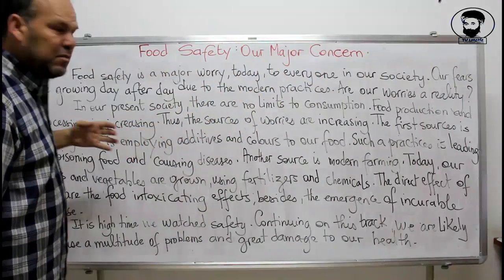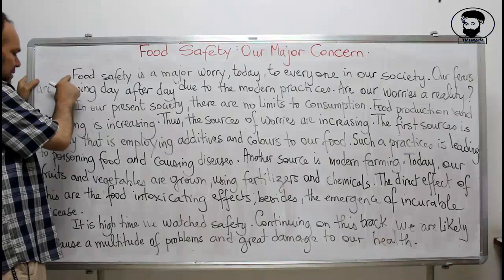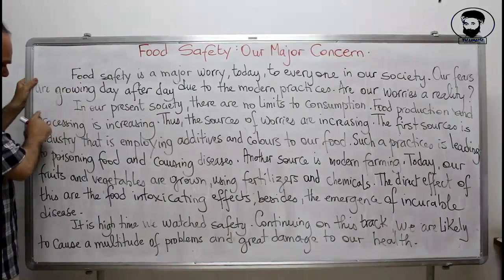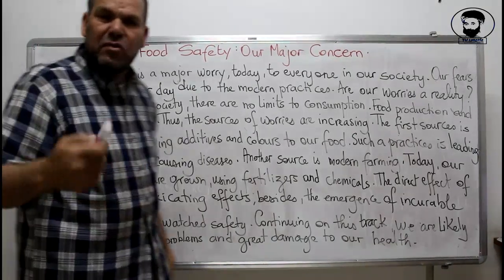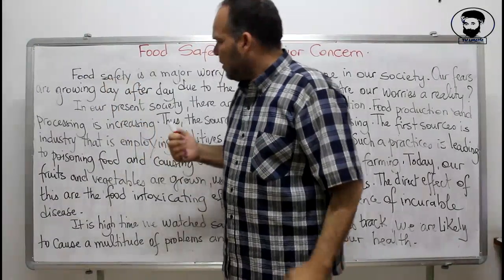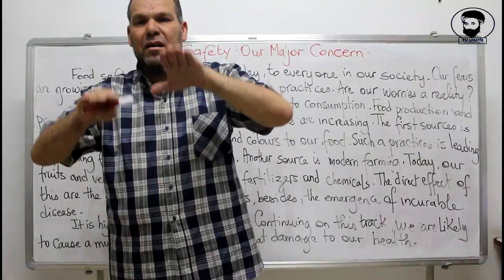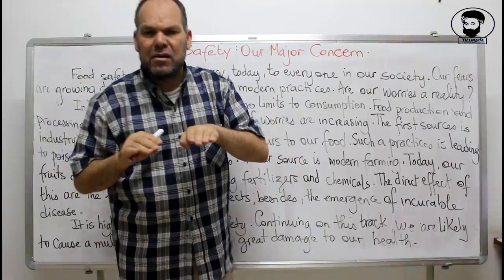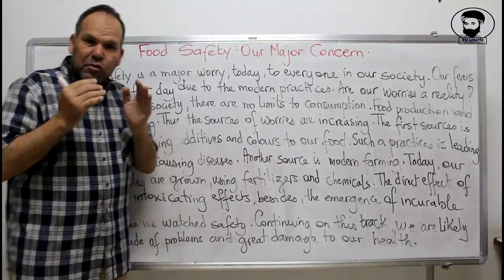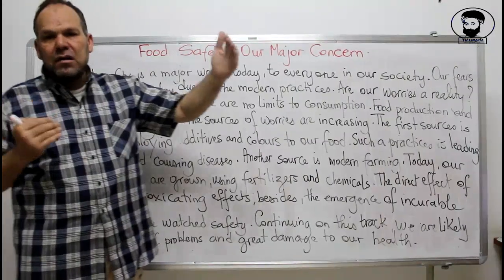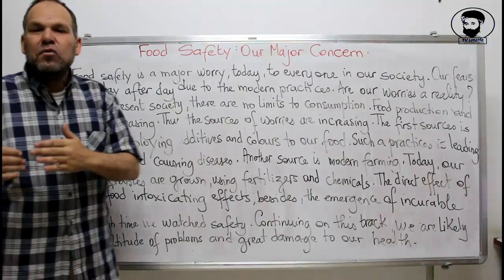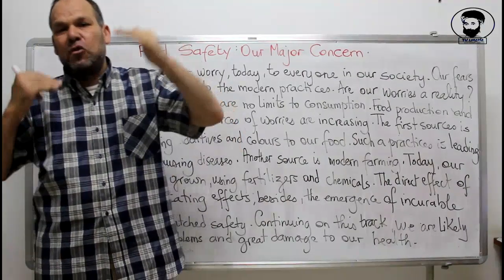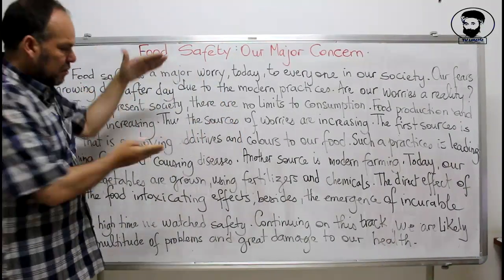Now, the second rule is the space. Remember the 1 space, 2 spaces, and 3 spaces. I've told you previously that when you write the paragraph, make a balance between the paragraphs. It means you must not write a long introduction and a short development. The introduction should be shorter than the development.